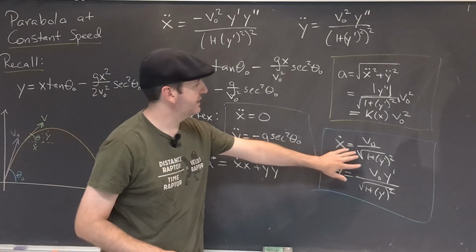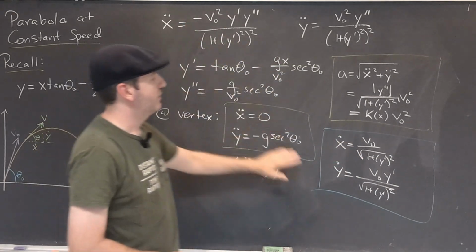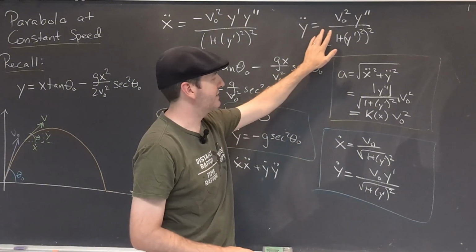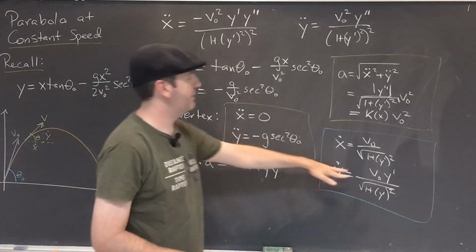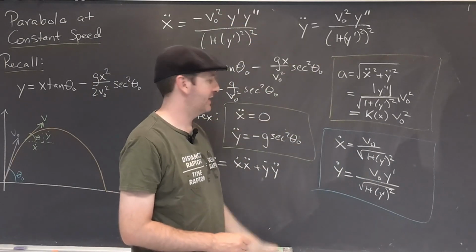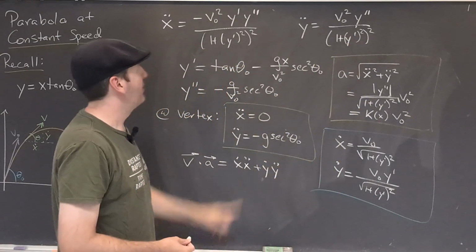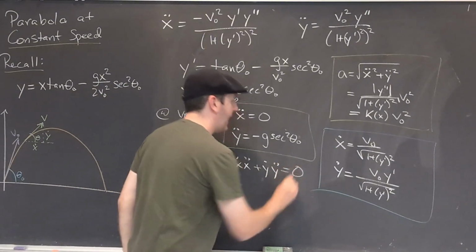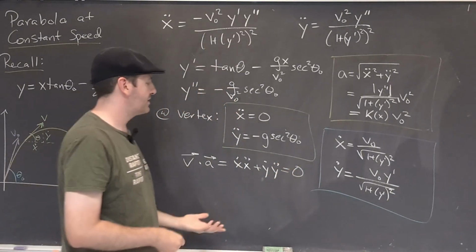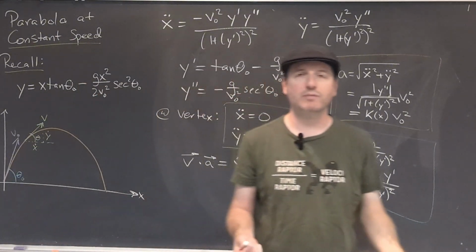We can quickly see that if we take x dot, multiply it by this, y dot, multiply it by that, both numerators will have a y prime. The denominators will be the same. I guess it'd be 5 halves power now, a half and then a 2. But this has a negative sign. So these add to 0. In other words, if you're moving at constant speed, your velocity and your acceleration must be perpendicular.